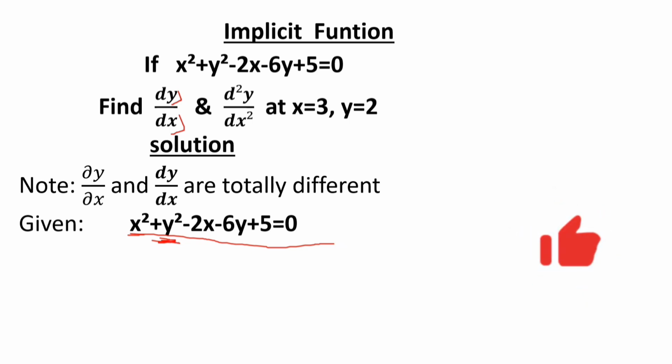Whenever you are differentiating y with respect to x, you use the normal method of differentiation. But if I'm differentiating with respect to this y that is already here, then we have to adjust something. So take note of these things.